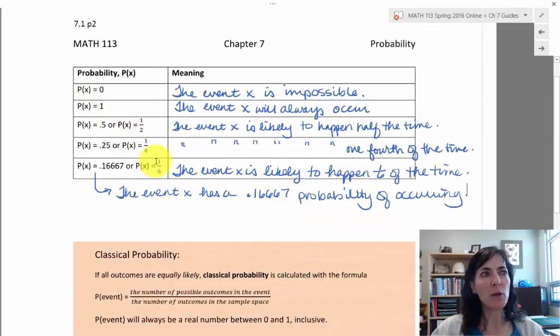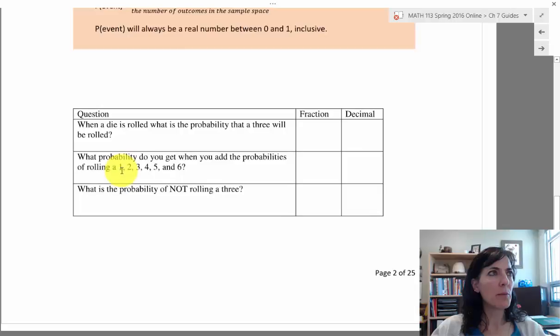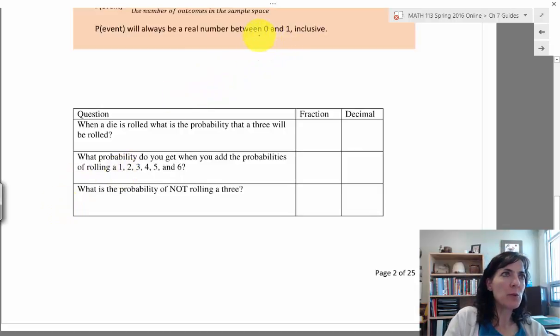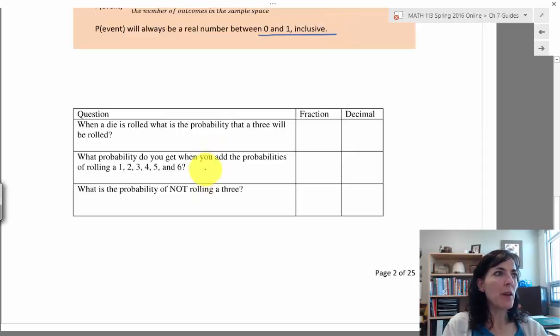And it could have anything in between, any decimal value or fraction value in between. So that one's kind of important to remember, that it's between 0 and 1 inclusive, which means both the endpoints are also part of the values that could be found for a probability.